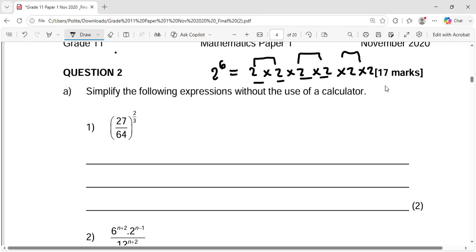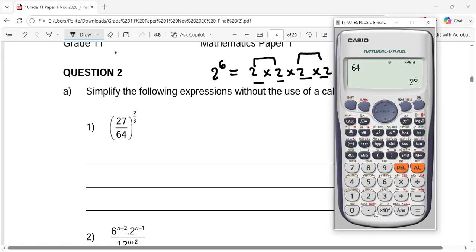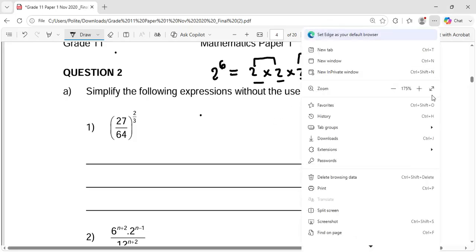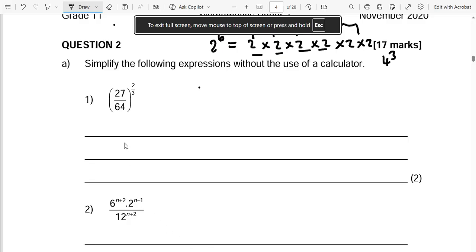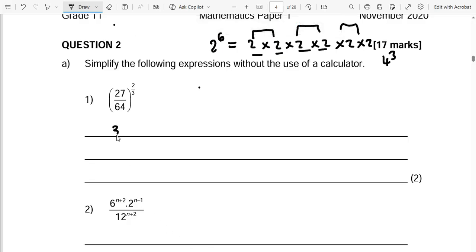So we can write this as 4 to the power 3, because 4 to the power 3 also gives you 64. I need these numbers to have the same exponent. So 27 is 3 to the power 3, and this will be 4 to the power 3. So everything is to the power 2 over 3.